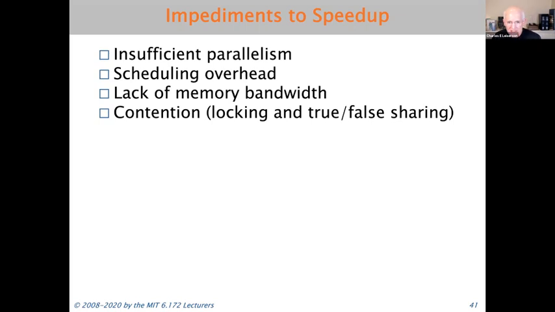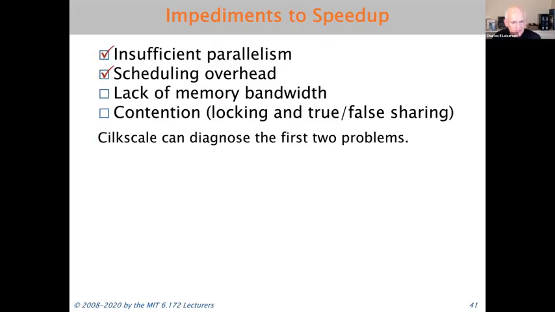So how do we go after these impediments? You know that Cilkscale can diagnose the first 2 problems. It gives you a measure of the parallelism, so you know whether you have enough parallelism in your algorithm to get good behavior out of a scheduler.